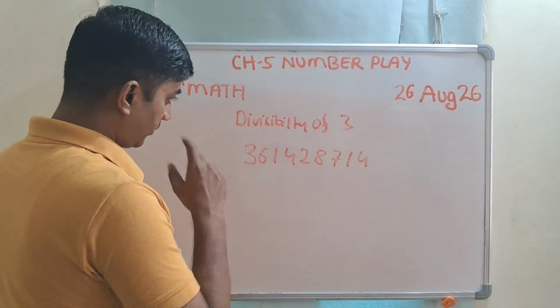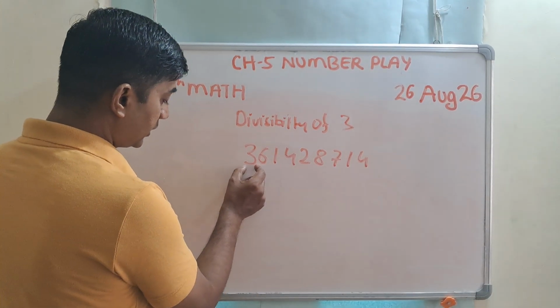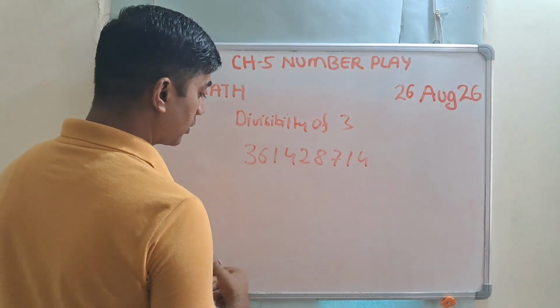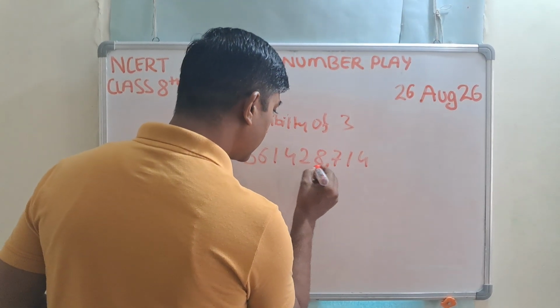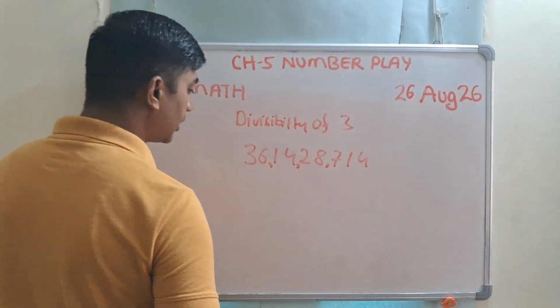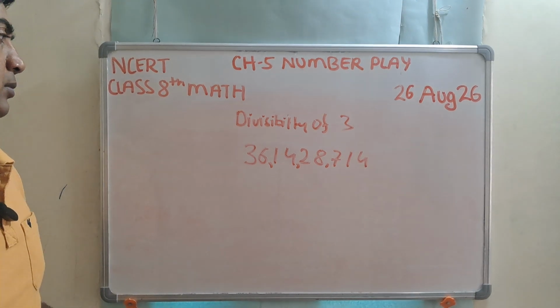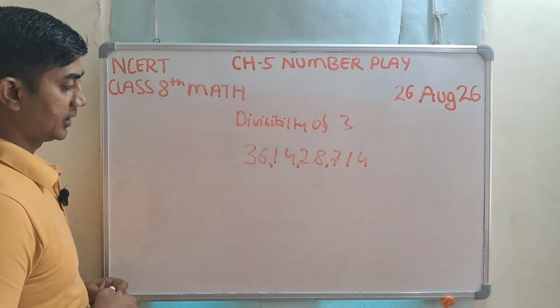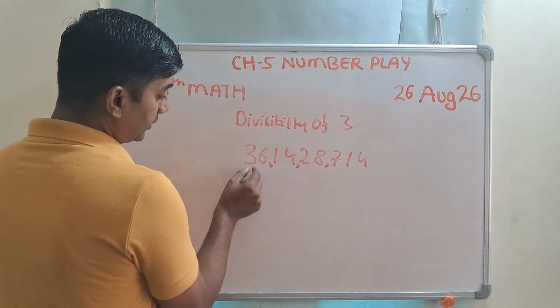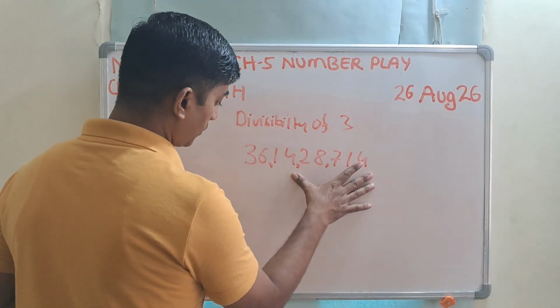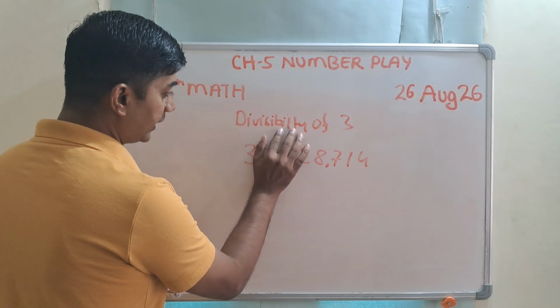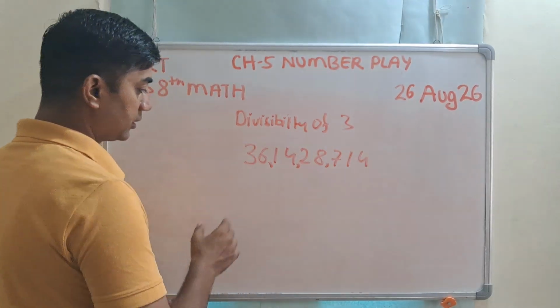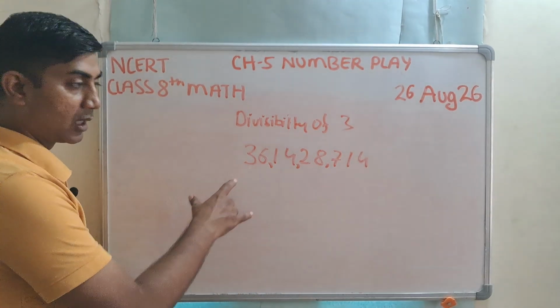Now see, what is this number? 3 and the rest 0s. If we see, this number is actually 36 crore. If we only consider 3, the place value of 3 is 30 crore.